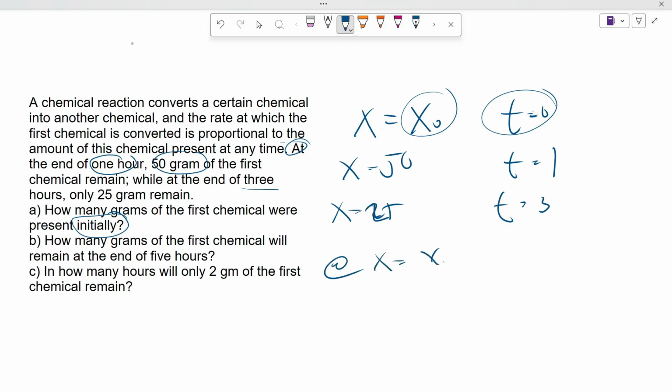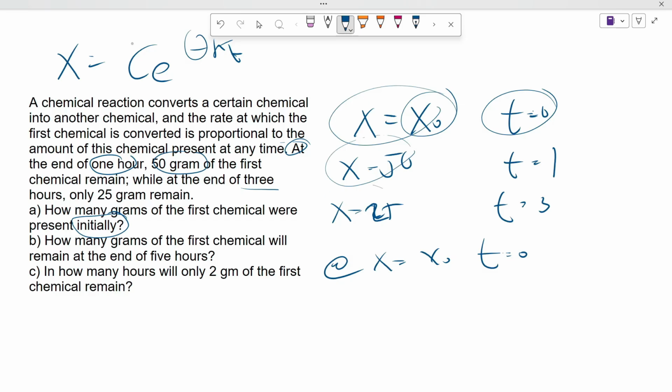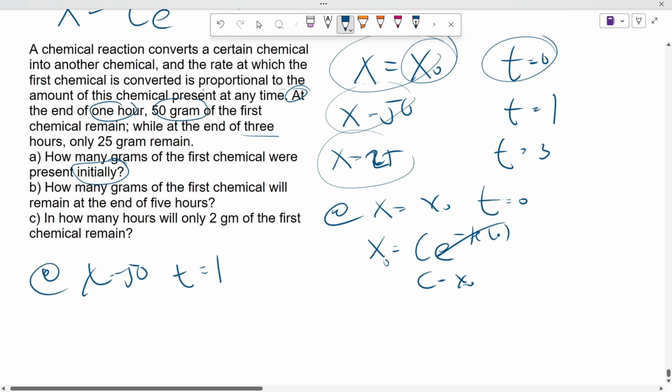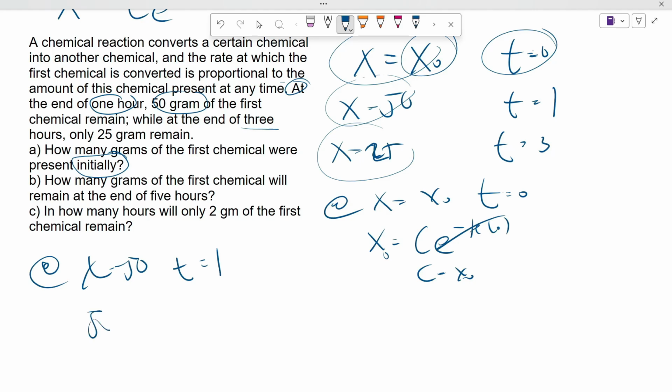At x is equal sa x0, so first condition tayo, at time is 0. The formula is x = c e raised to negative kt. Bakit negative? Kasi pababa siya from initial x0 to 50 to 25, pababa. x natin is x0. Yung c natin, e raised to negative k. Yung time natin is 0. c is x0. At x equals 50, yung time natin ng isang oras: 50 = x0 e raised to negative k, tas yung t natin is 1.